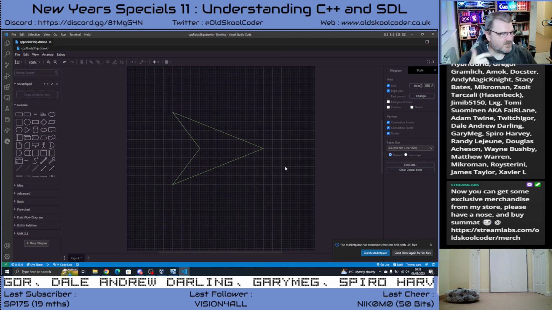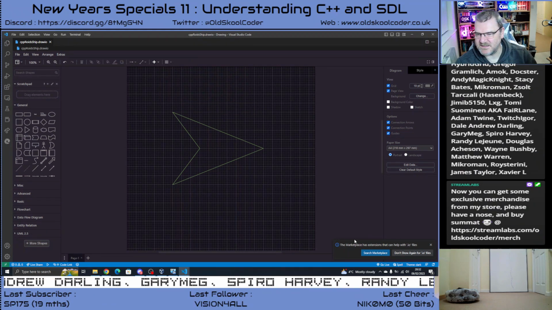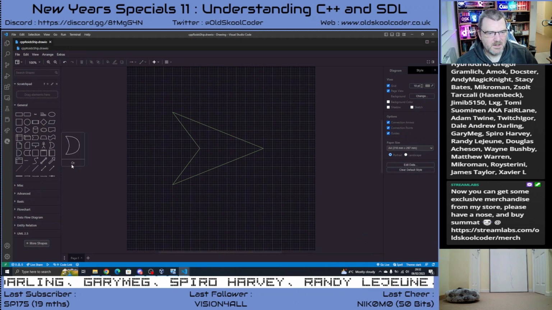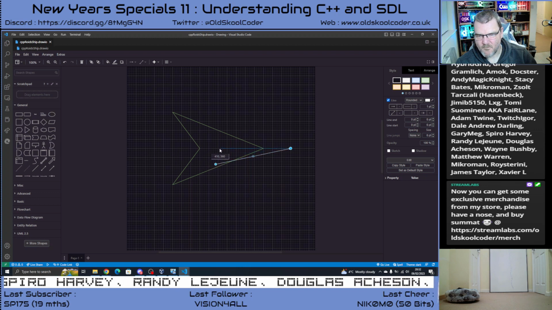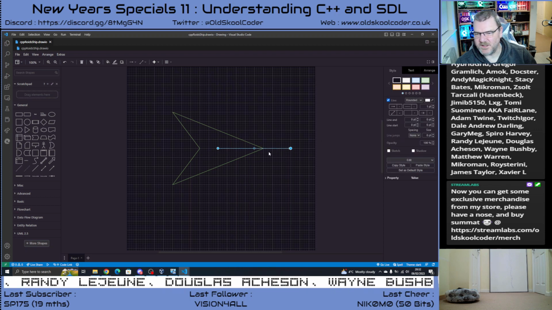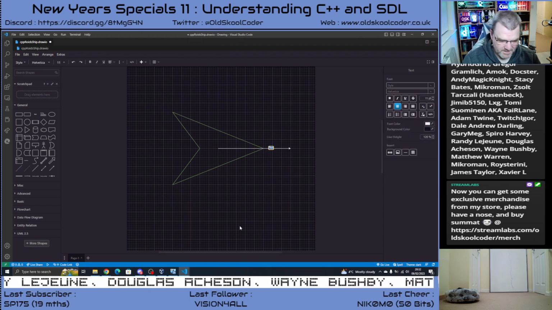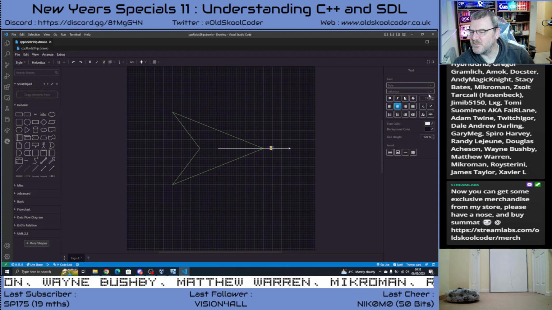Right. When we start up the ship, this is its rotation. So let's do this. Right, so this is its rotation, and its rotation is 0 degrees. Oh, I can't do a degree. Let's boost that.